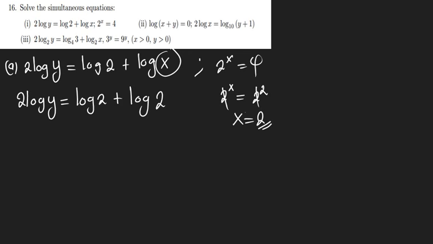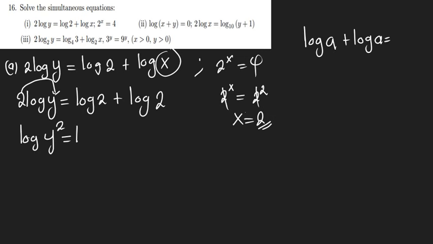This is just the same as log y squared, the 2 can come this side. And now, remember what I taught in the previous lessons, properties. Log a plus log a is the same as log a multiplied by a. Remember, addition is multiplication.